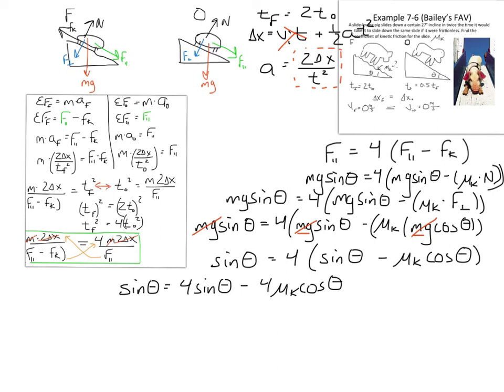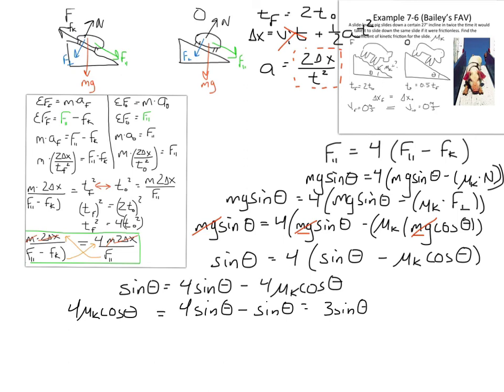What I'm going to do is take this whole thing and add it to the other side, because I don't like that minus sign in front of my coefficient here. I'm going to add this to the other side and subtract this from this side and bring it over. So it's going to be 4 mu k cosine theta equals 4 sine theta minus sine theta. That's becoming easier. All right. Well, 4 sine theta minus sine theta is just 3 sine theta, right?